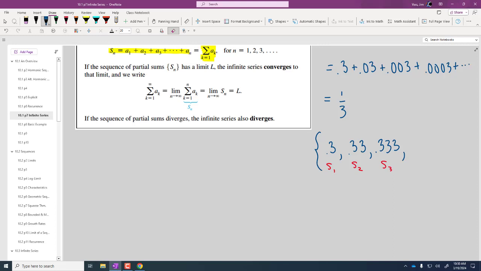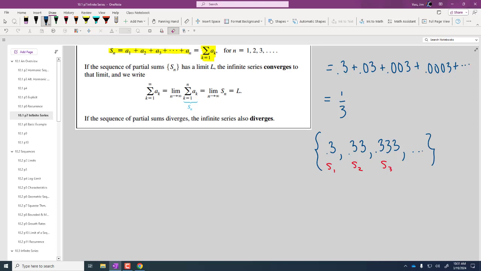Can't you see that this sequence is in fact getting closer and closer to 1/3, right? As we keep adding one more term, add a term, add a term, we're getting arbitrarily close to 1/3. Every time we put another 3 in here, we're getting a little closer to 1/3. That's the idea behind the sequence of partial sums: for the series to converge, that sequence of partial sums must get arbitrarily close to some number.